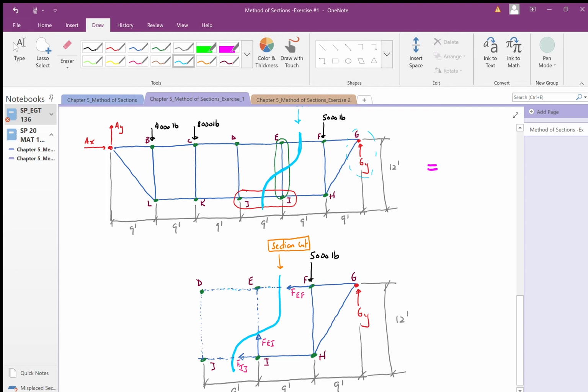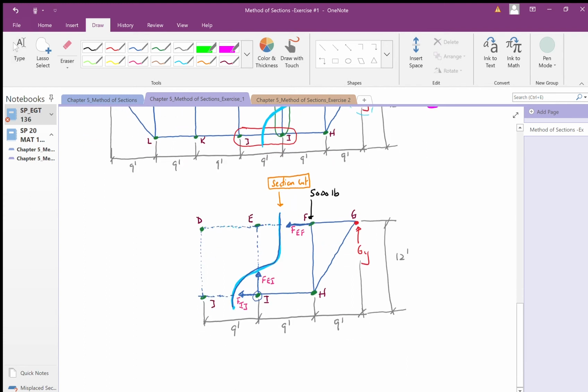So I'm just focusing on this sectional cut right here. And all the forces from your joints should be positive in tension. They're moving away from the joint.